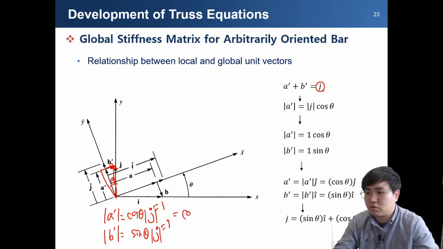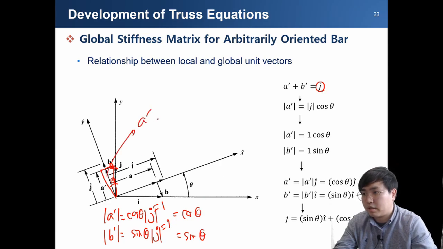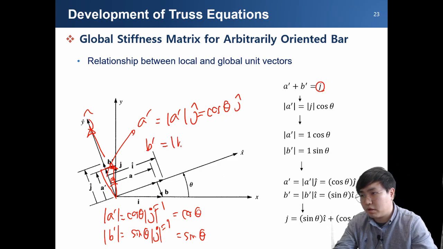This is equal to cosine theta, this is equal to sine theta. Vector A has its magnitude, and its direction is the j hat direction, so cosine theta j hat. B vector has its own magnitude, and the direction is this direction.